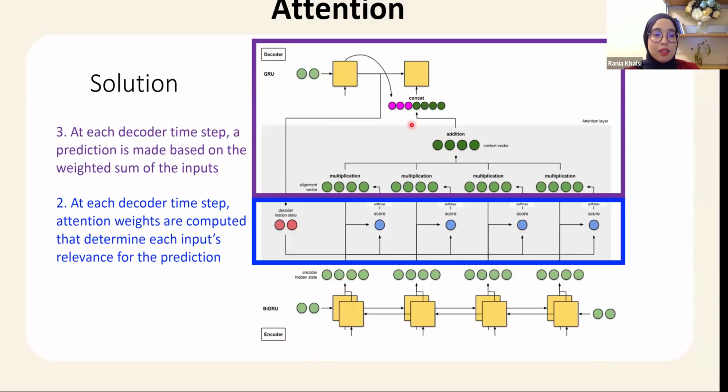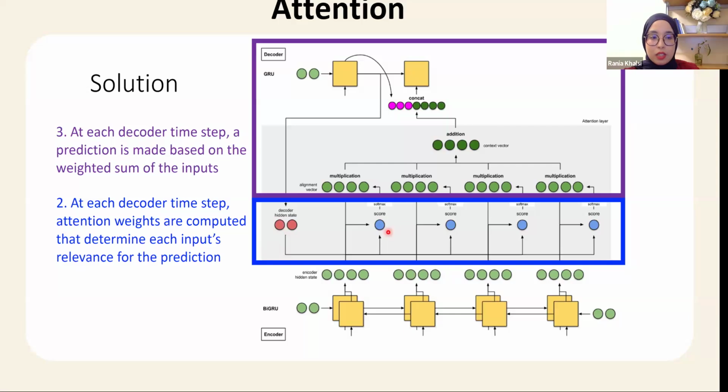We repeat the process for each time step. At each decoder time step, attention weights are computed that determine each input's relevance to the prediction.